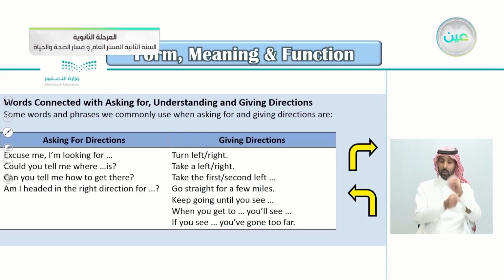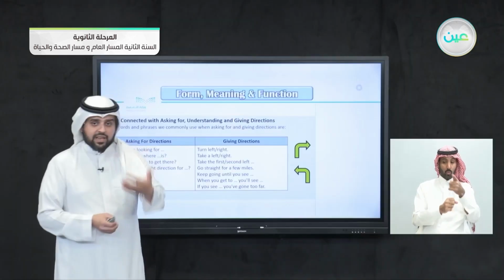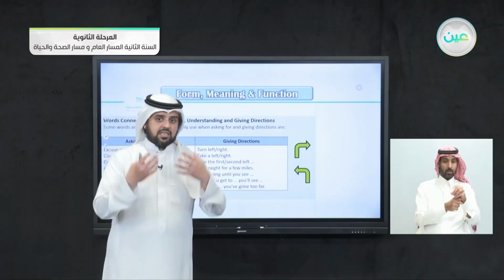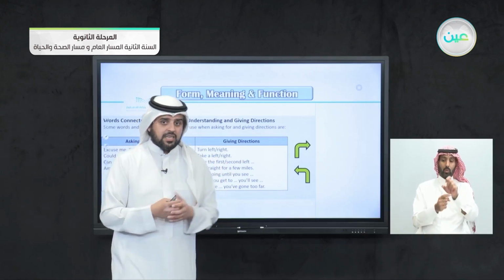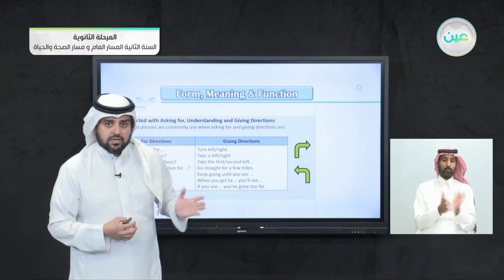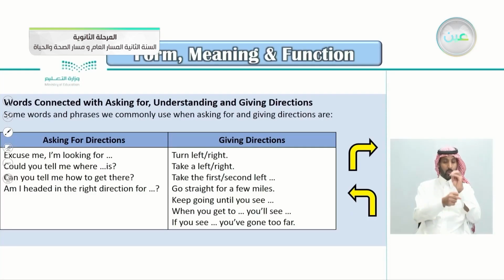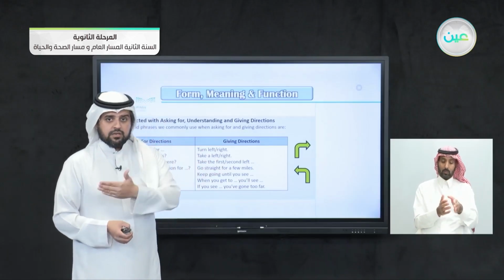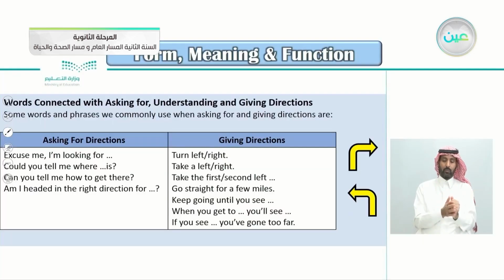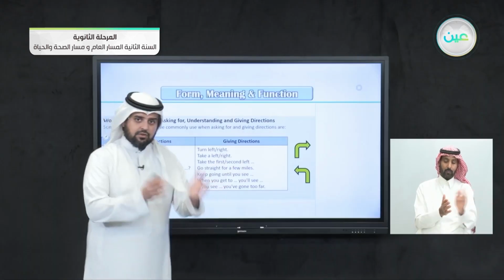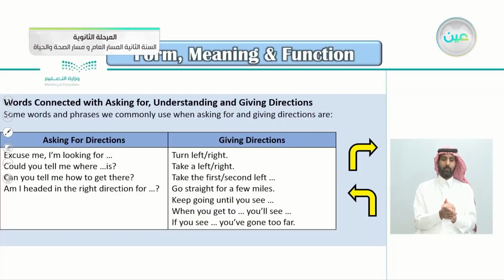Giving directions here. When someone is asking you about directions, some of these words will help you give directions. Turn left or right. Of course, you can say turn left or turn right, or even take a left or take a right.